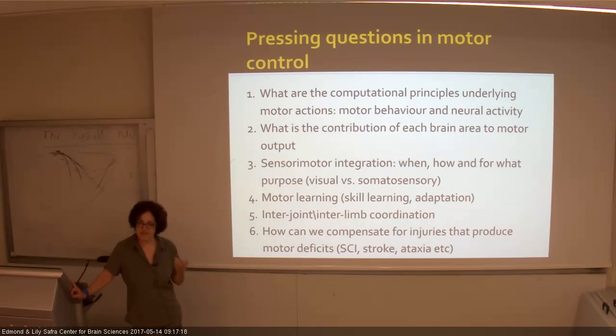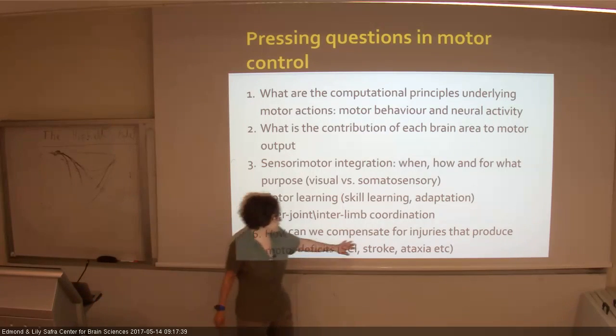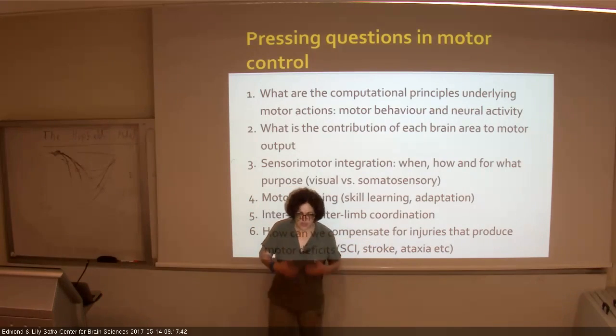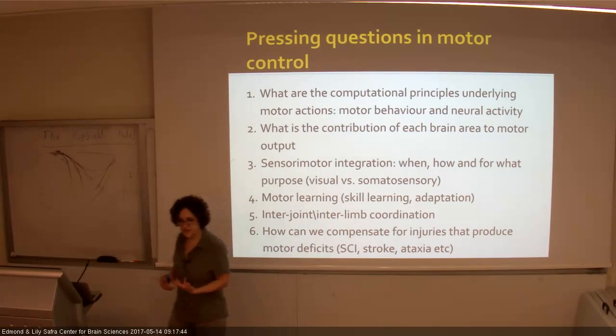But in fact, if you think about it, the machinery is intact. It's just the connection that is injured. So if we can compensate or bypass this block of information flow, we may be able to compensate for these deficits, for this very severe deficit, stroke, ataxia. There is a lot of redundancy in the system.